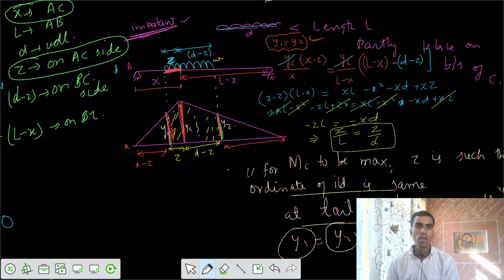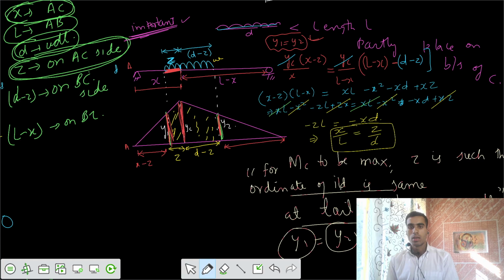With respect to the total length L, the side AC equals X, and from the UDL of total length D, you have to keep only Z amount of that length on the AC side. This was derived from the condition that the moment at C was maximum.